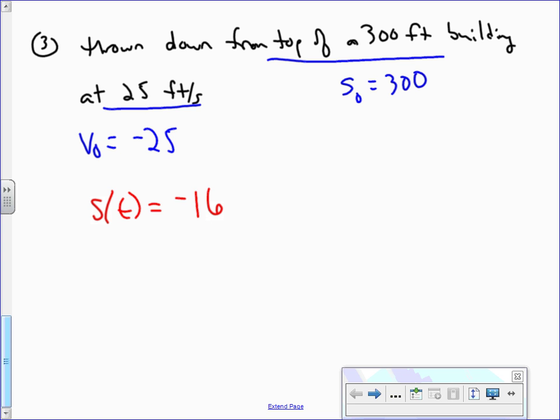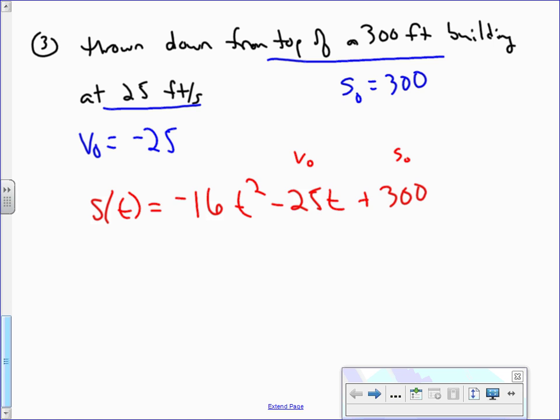Negative 16 t squared plus, instead of v sub 0 t, we write, actually I'm going to change that to minus 25t, here's my v sub 0. And then plus 300, here's my s of 0. So do you see how you could do that for all three of those problems?